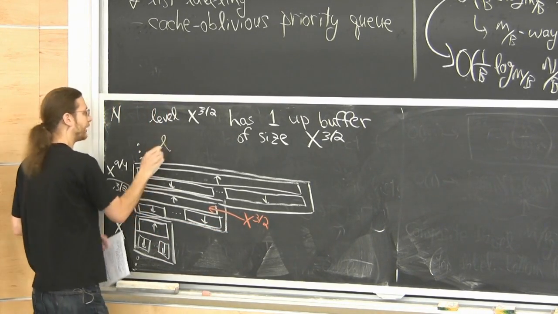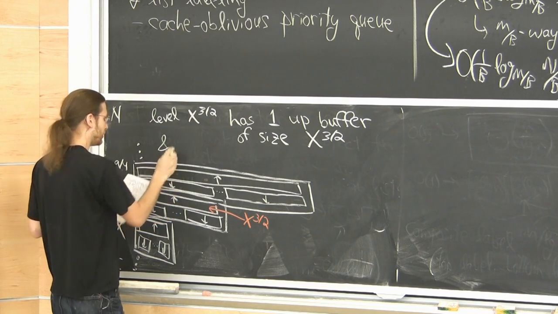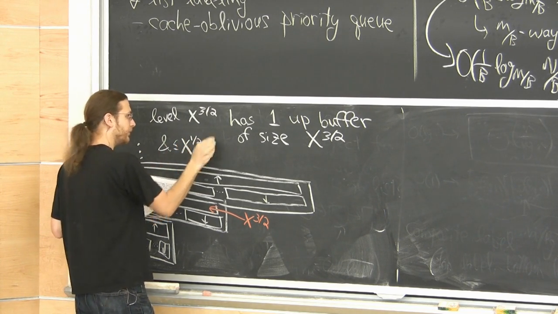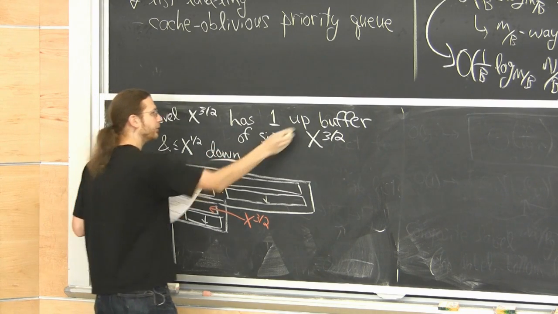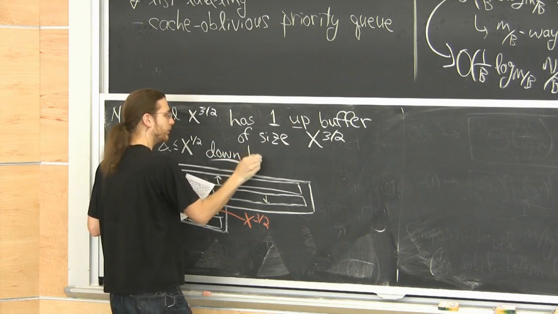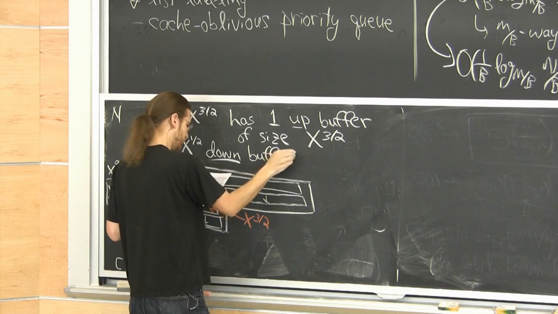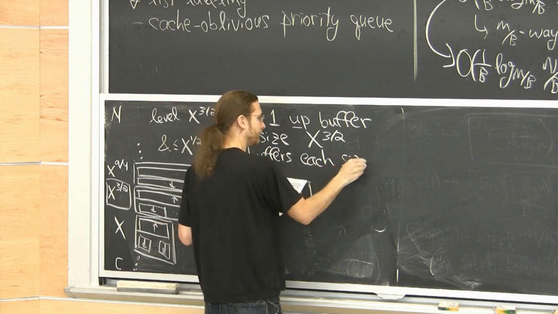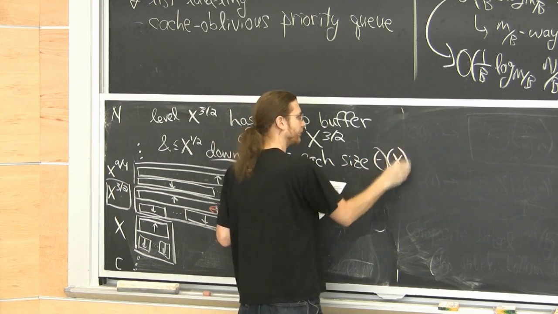And then we also have up to x to the 1/2 down buffers. Each of size theta x.